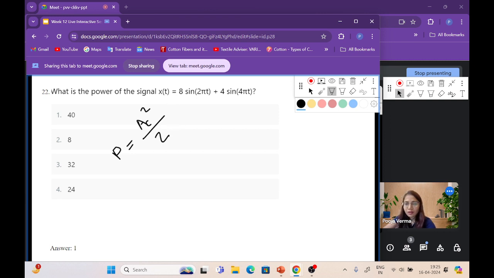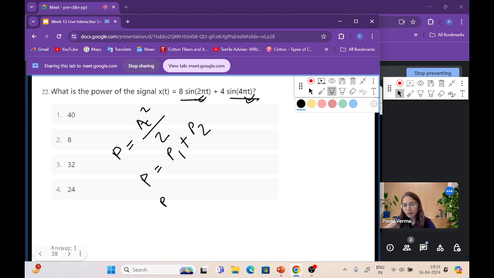And here the two sinusoidal signals are added, so power is also additive in nature. So P1 plus P2, right? Total power is represented by P. So P1 plus P2. First we need to find out the power of this signal and this signal.